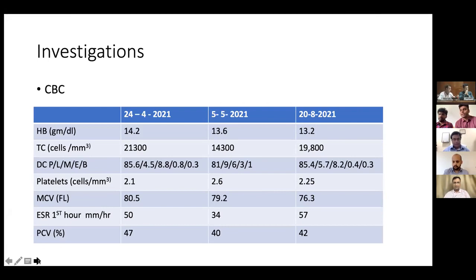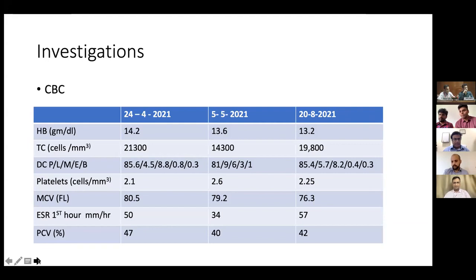So with that history and this finding, I would think first of infection of the pancreatic fluid collection. So he has SIRS, right? He has leukocytosis, he has tachycardia, he's got fever. He's got 2 out of the 3 criteria for SIRS.